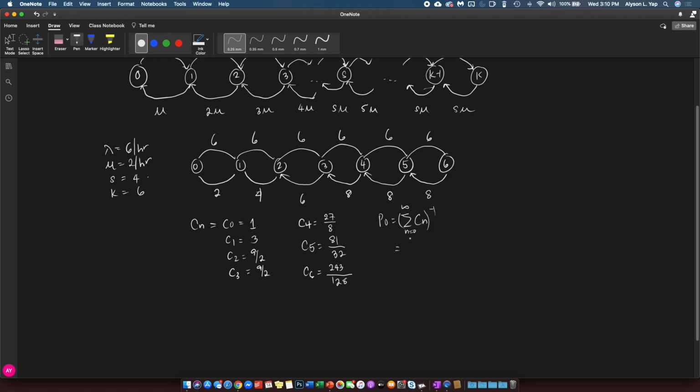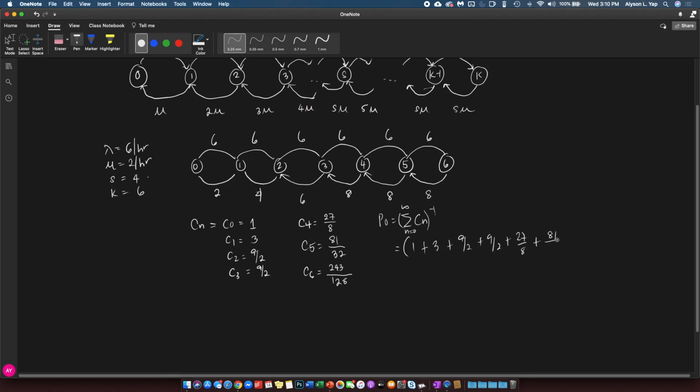So this is equal to 1 plus 3 plus 9 halves plus 9 halves plus 27 over 8 plus 81 over 32 plus 243 over 128 raised to negative 1. Getting the common denominator, it is 128.